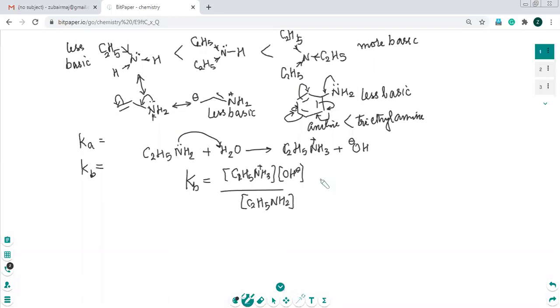Okay. Now, the higher the value of Kb, the more basic it is.